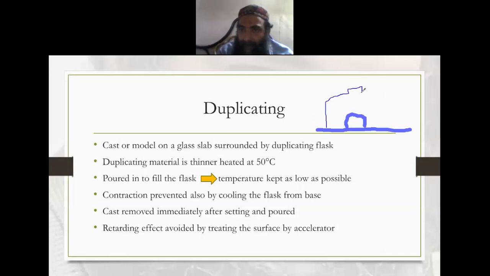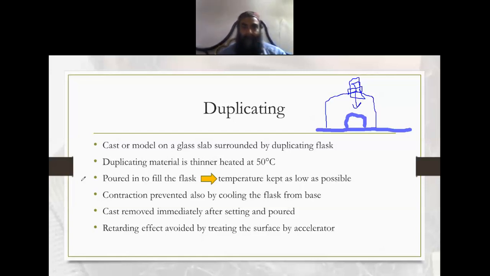This will be a duplicating flask. This end is open, for pouring the melted or conditioned agar material into it.